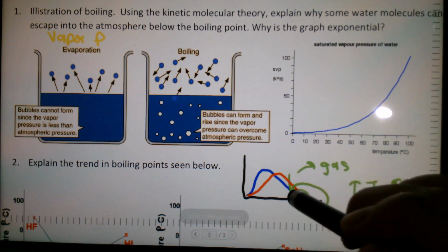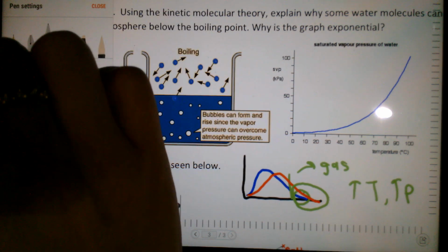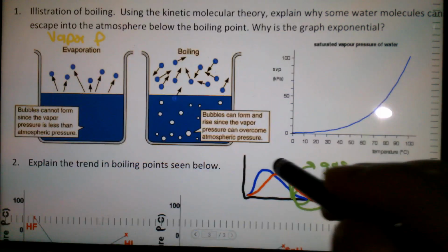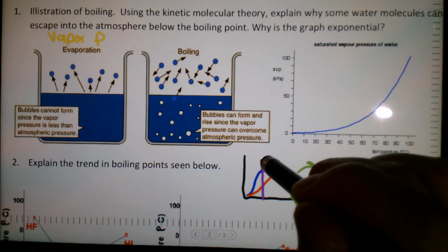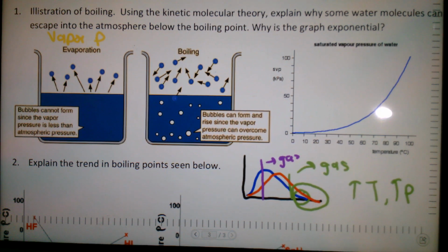For water, we would expect that threshold to be way down here because of its super strong hydrogen bonds. But what about something like methane? Methane, for example, its threshold might be here. For methane to escape into the gas, it might be way, way lower because you just have dispersion forces there.